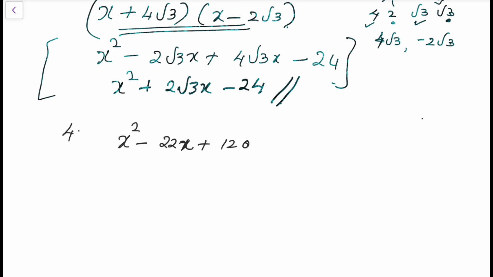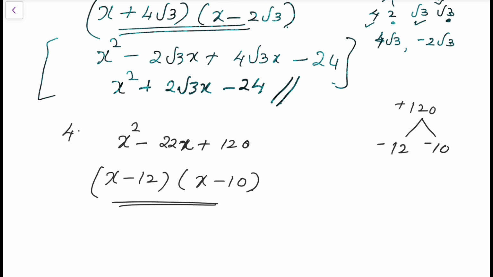So 120, find the factors, so that you get 22. So 12 into 10. It is plus 120, so it can be minus 12 and minus 10, and you will get minus 22. So you can write this as x minus 12 into x minus 10.